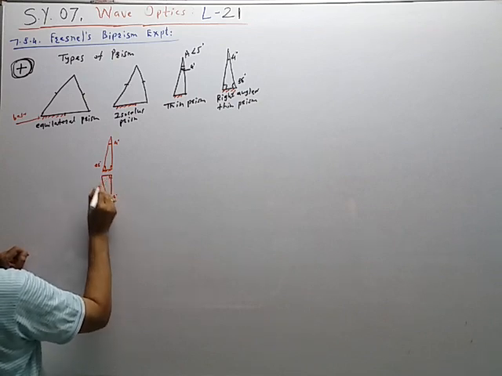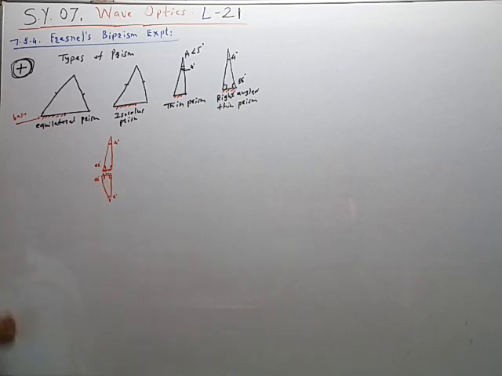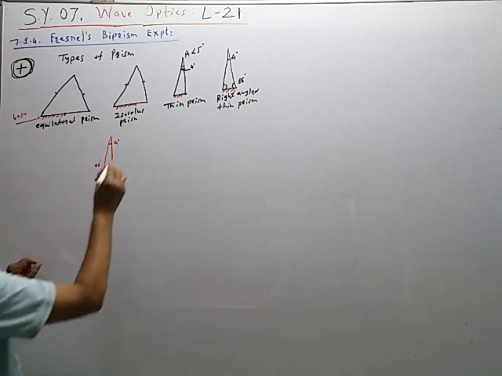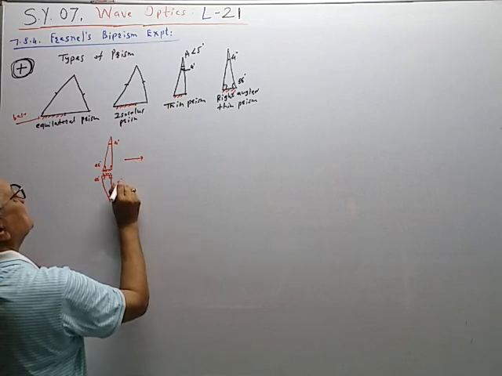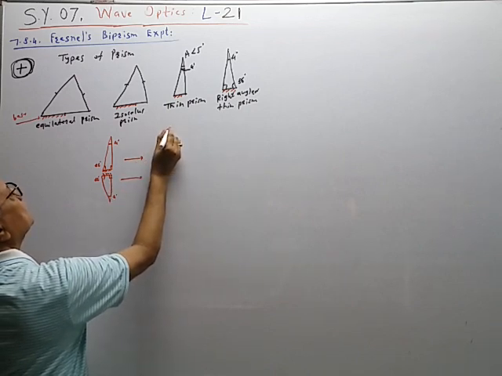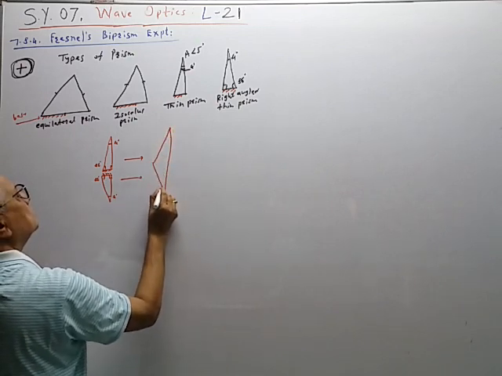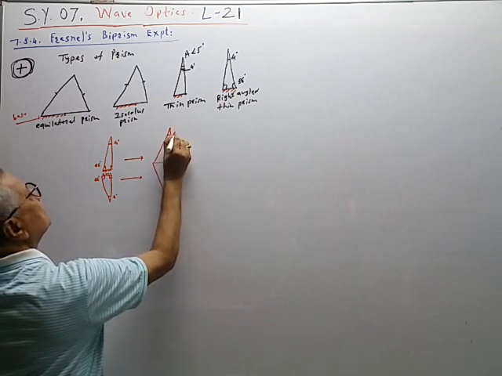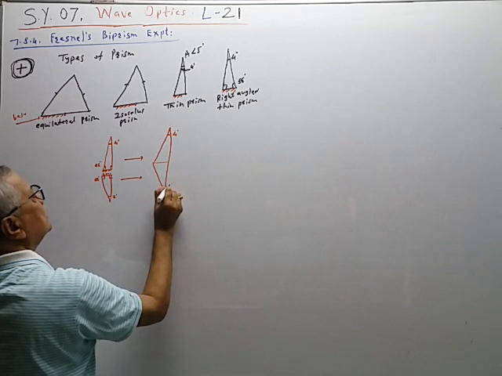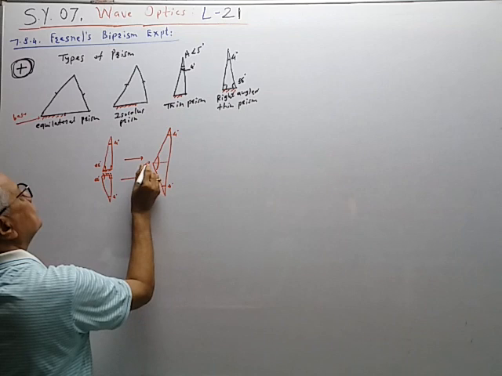This is 4 degree, less than 5 degree, this is 86 degree. Now, if these two prisms are joined base to base, then we will get a new prism. Here is the line where the two bases are joined. So this is 4 degree, this is 4 degree, and this is 172 degree.